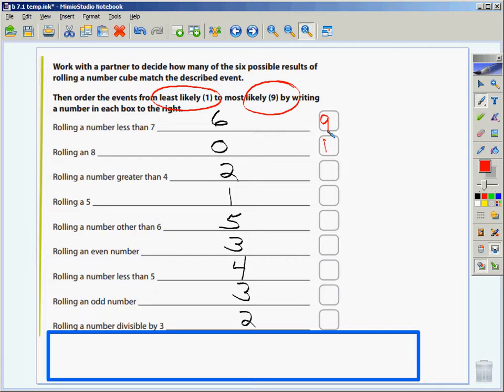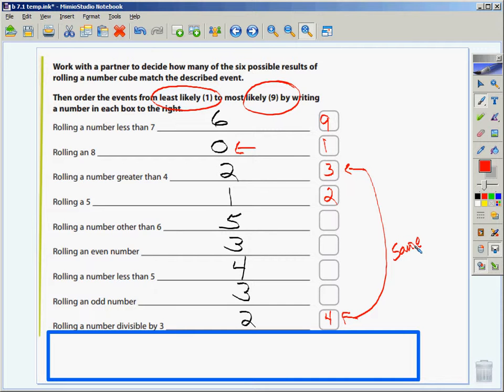What's next after 0 possibilities? Rolling a 5. We're going to make that a 2. What's next after that? There's 2 of them. It really doesn't matter which one we label as 3 and which one we label as 4, because these 2 are the same.